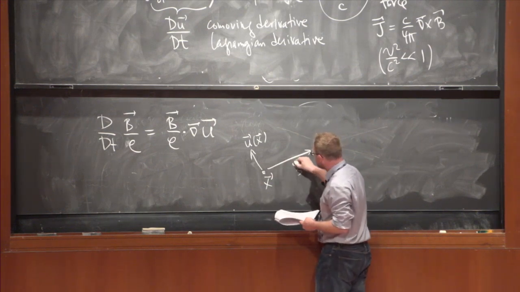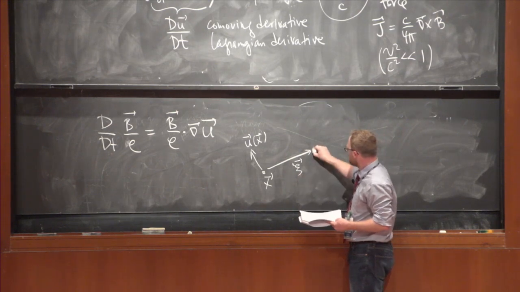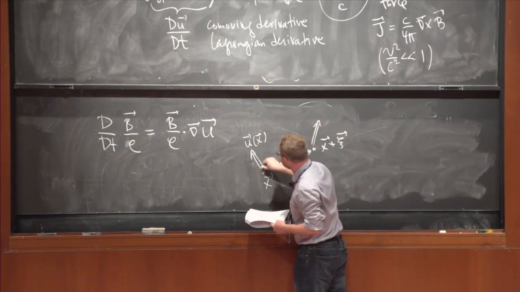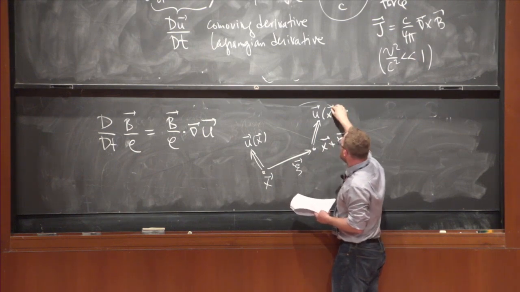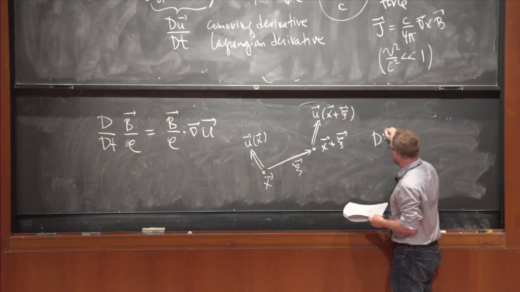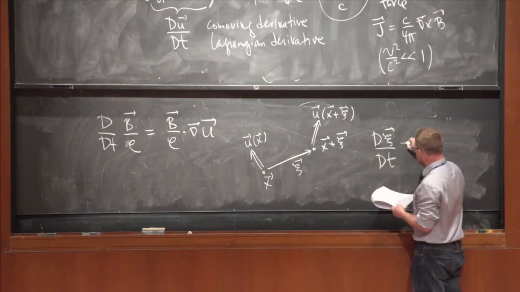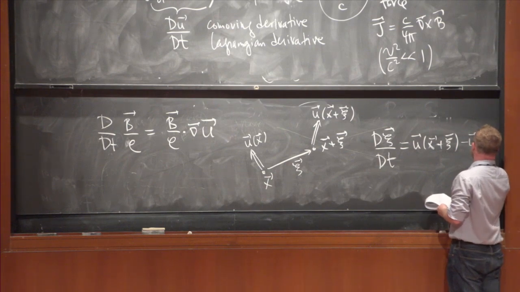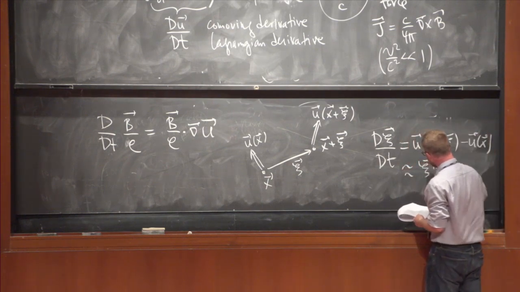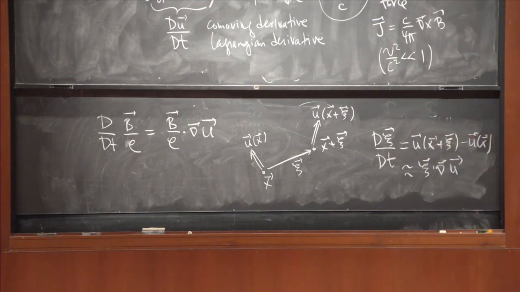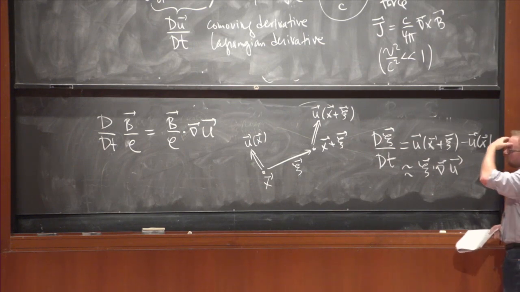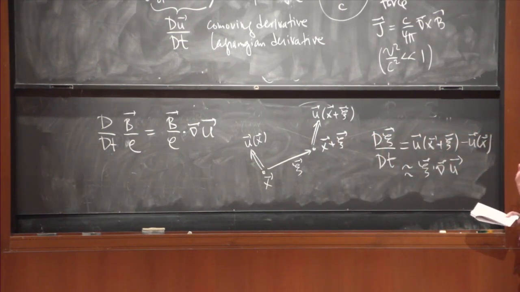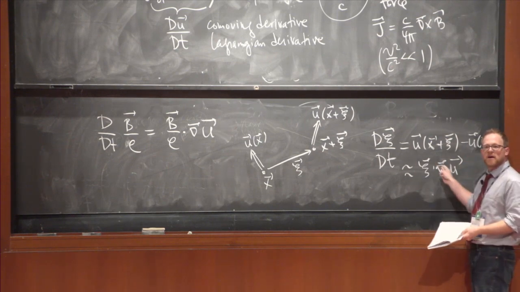And if I go a little distance away, squiggly letter, to x plus c, and at that other place there's another velocity, you can show just by some simple geometry that this quantity, B over rho, satisfies the same equation as just a line being advected by some velocity.